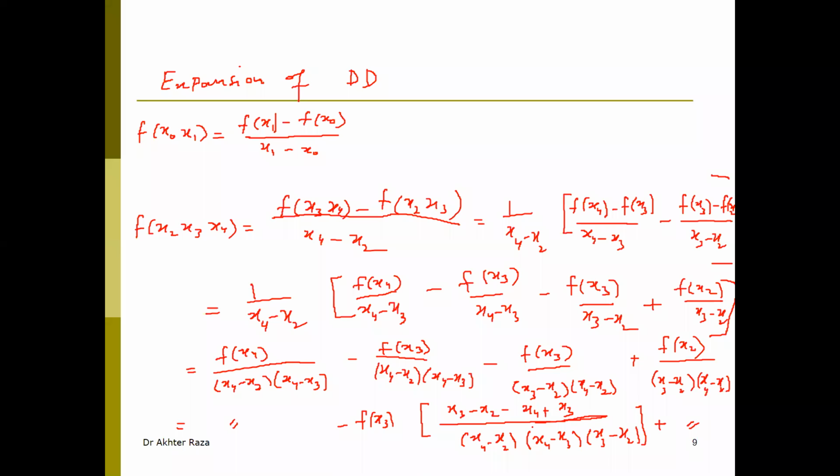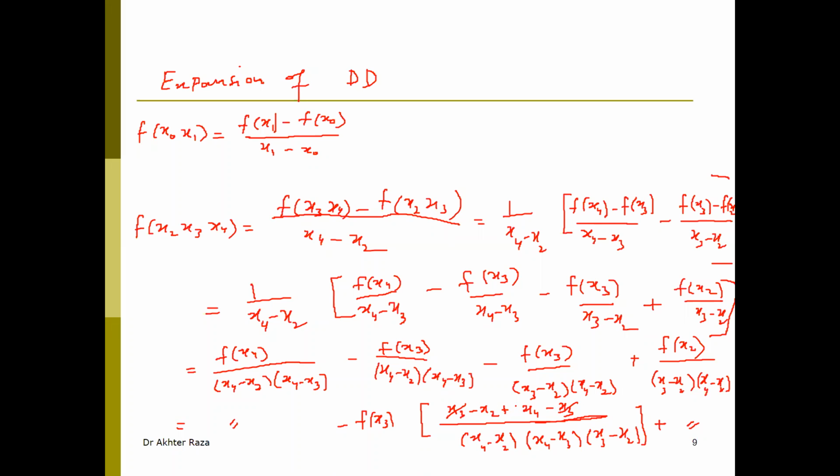Now what we can see here, x4 minus x2, x3 minus x3 plus x3. I think there is an error of a negative sign. If I take minus sign as common, then this will be plus. If this is plus, then this will be minus. And if it is minus, then x3 will be cancelled out.